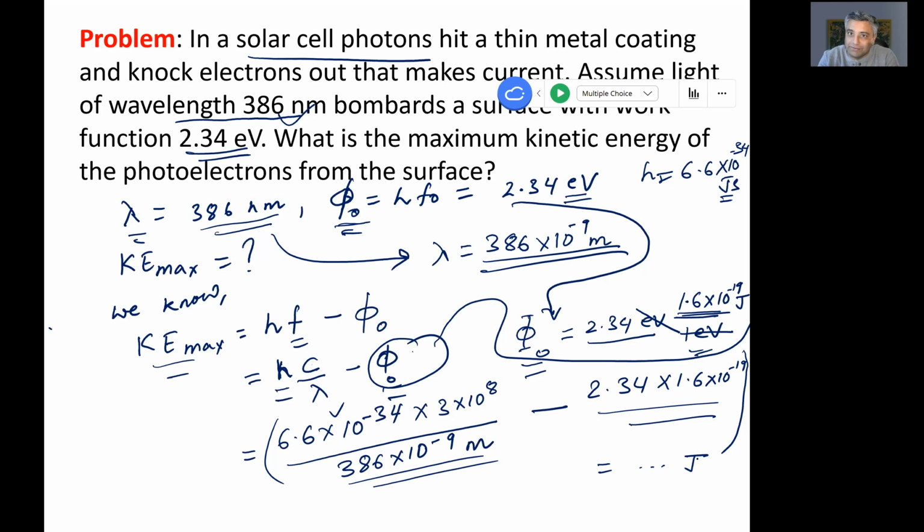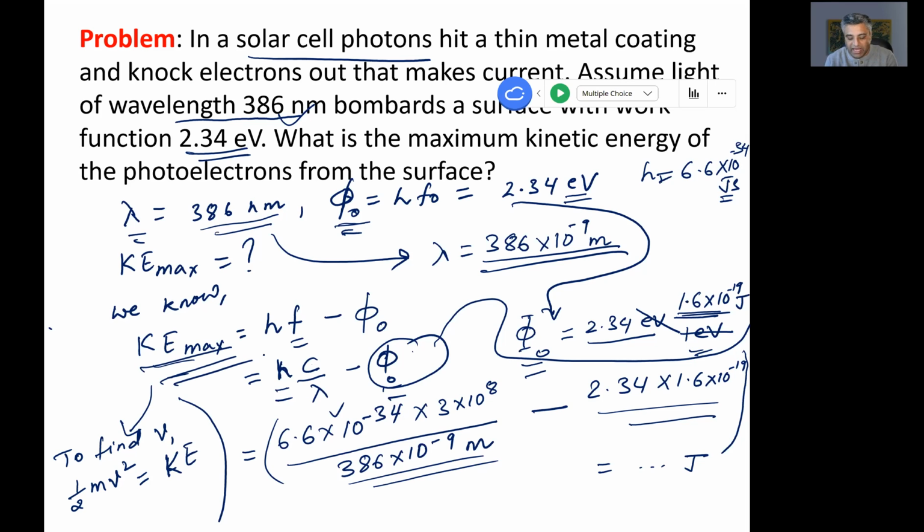But if you are asked to find speed, since KE is known, this problem is done, but to find v, you can use half mv squared as KE, right?